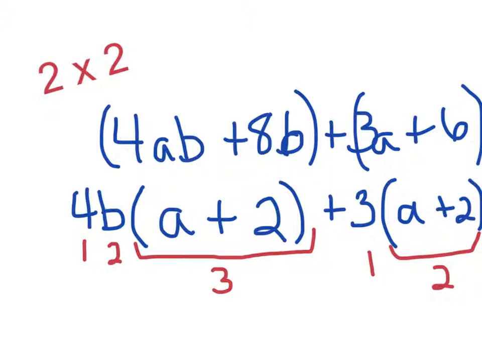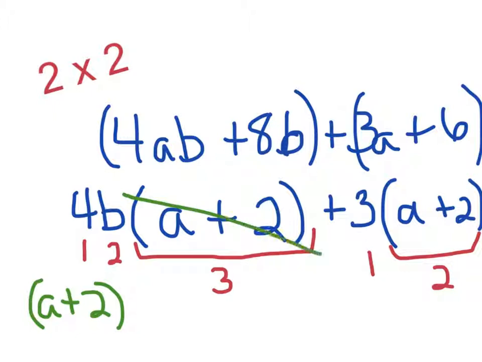So now, between this group and this group, the GCF is a plus 2. A plus 2, a plus 2. So if we want to, and we do, we can take the a plus 2 and put it out front.